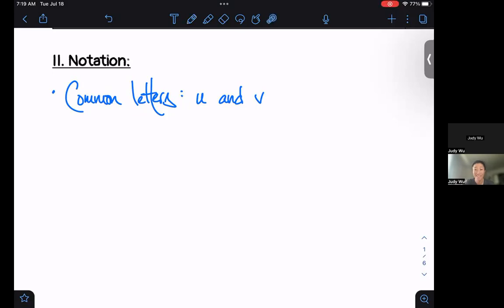So one of the things I would encourage you to do is make your V extra pointy on the bottom and make your U have a little tail. I think the tail helps differentiate the U and the V. I didn't pick these. I would have chosen ones that look totally different from each other, but U and V are common letters that we have here.